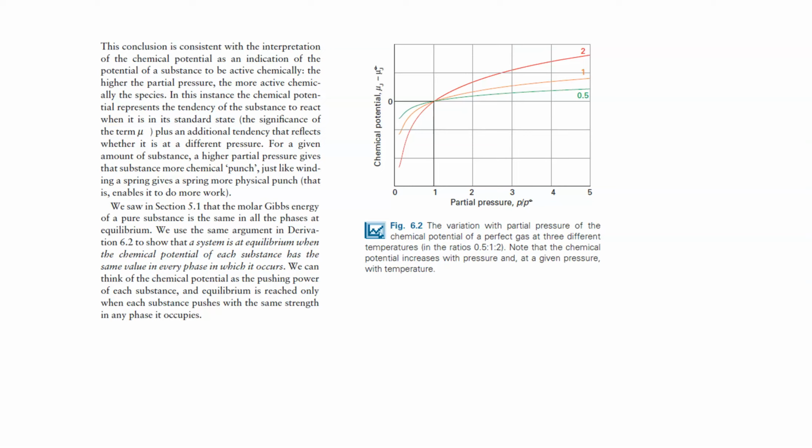We saw in section 5.1 that molar Gibbs energy of a pure substance is the same in all phases at equilibrium. We can use the same argument shown in the derivation in the text 6.2 to show that a system is at equilibrium when the chemical potential of a substance has the same value in every phase in which it occurs.